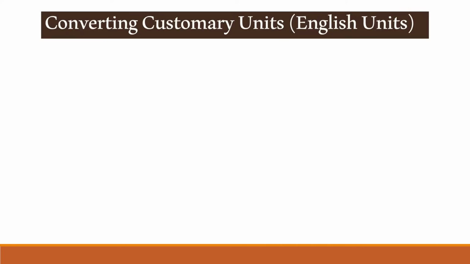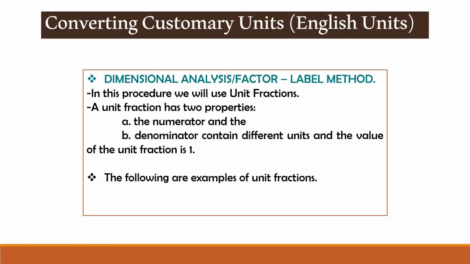For our discussion in converting customary units or English units, we will be using the dimensional analysis or factor label method. In this procedure, we will use unit fractions. When we say unit fractions, it has two parts, the numerator and the denominator, which contain different units, and the value of the unit fraction is 1.